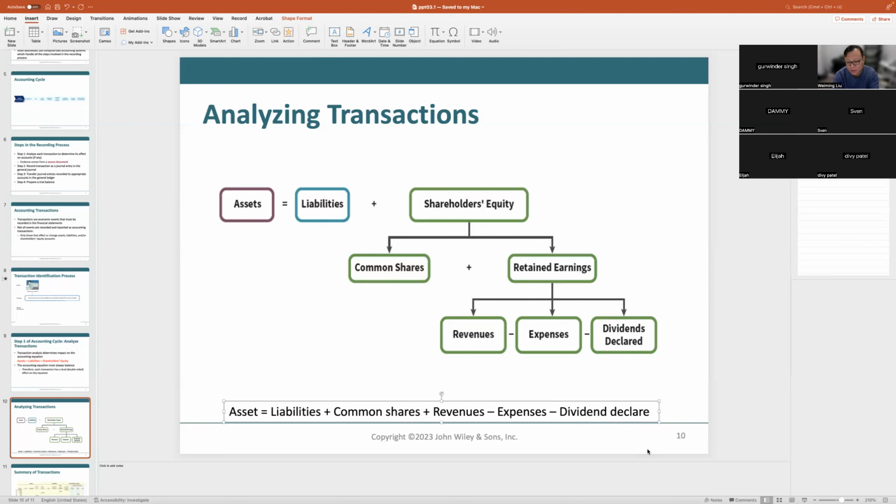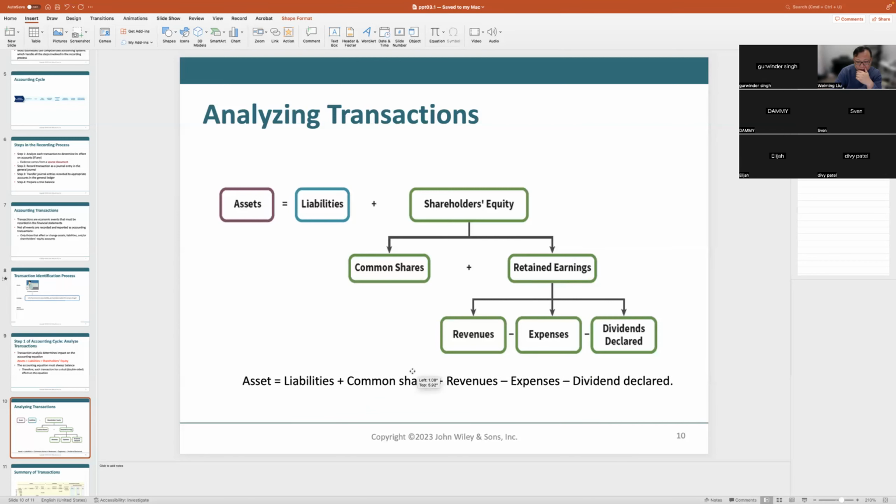That's the equation if you rewrite it. So asset equals liability plus common shares plus revenue minus expenses minus dividend declared.